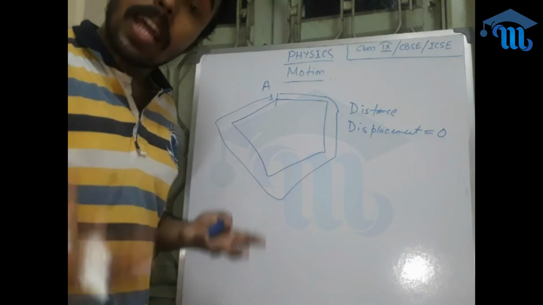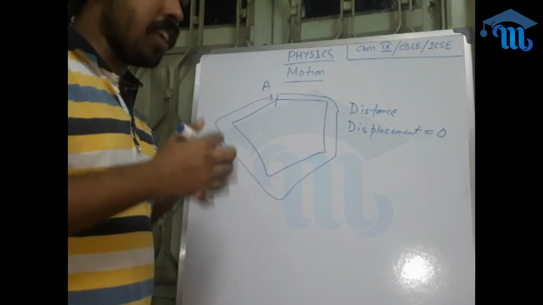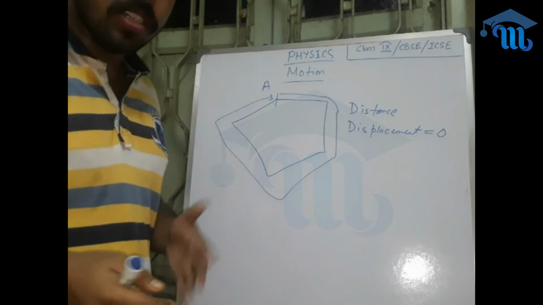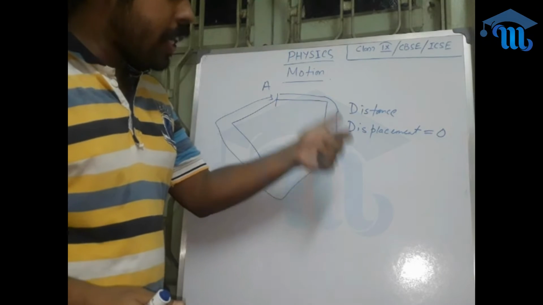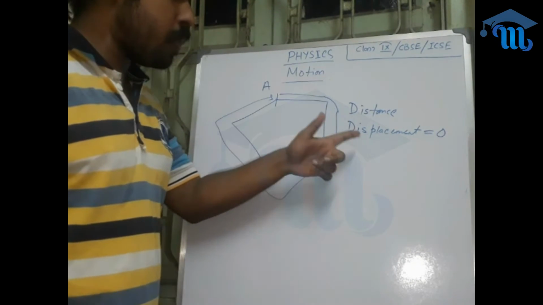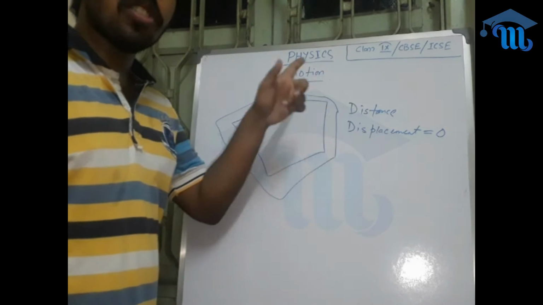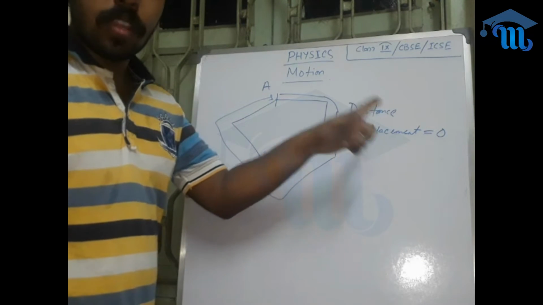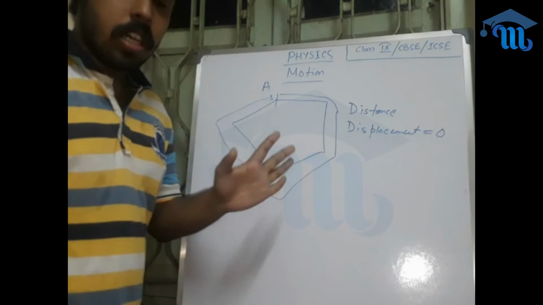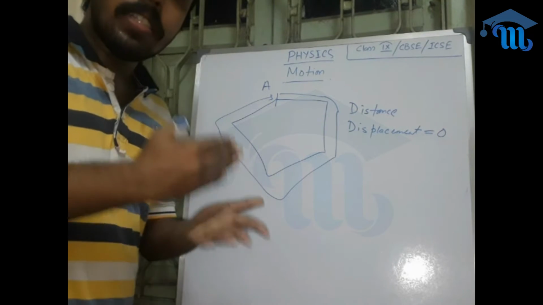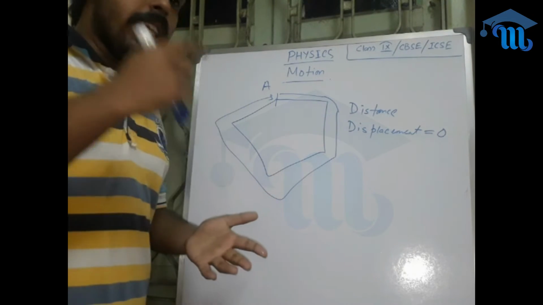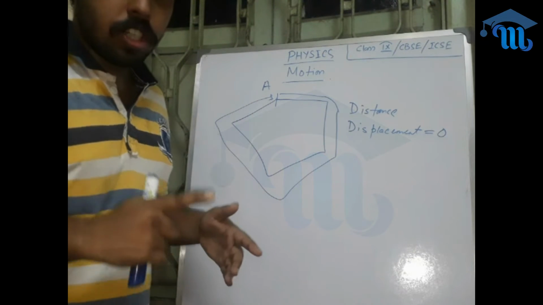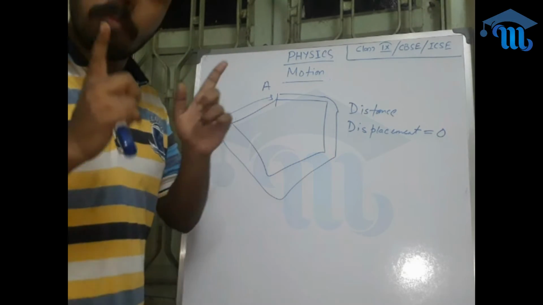Now there is another important question that is very crucial for students, that is a particular body can have a displacement of 0 but its distance is not 0 while it's traveling. While a body is in motion, it can have displacement 0 but its distance cannot be 0.